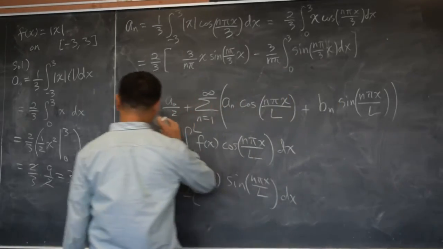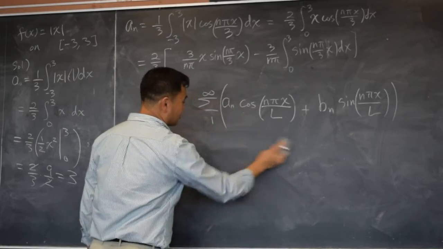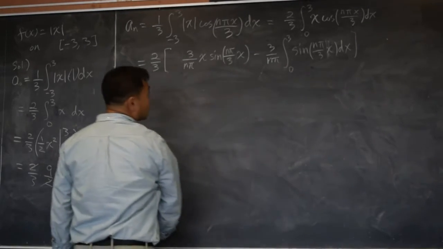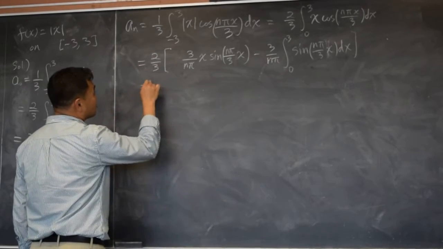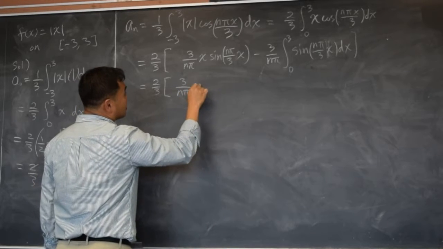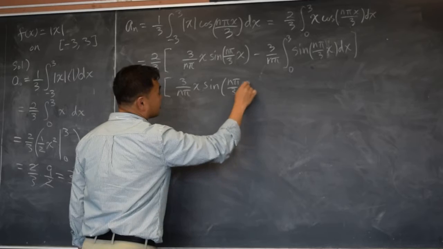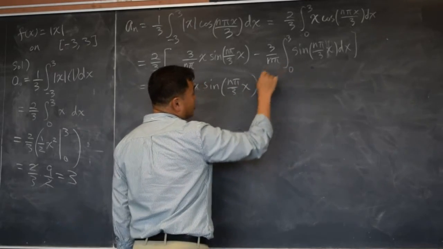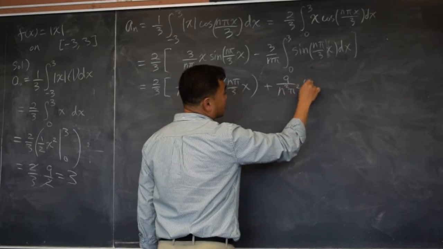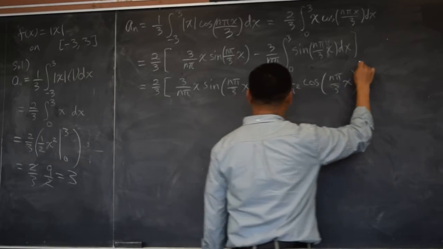Okay, I'll have to erase this. I didn't want to erase it. Okay, so in the next line, it's 2/3 times 3 over n pi x sine n pi over 3 x plus 9 over n squared pi squared cosine n pi over 3 x.